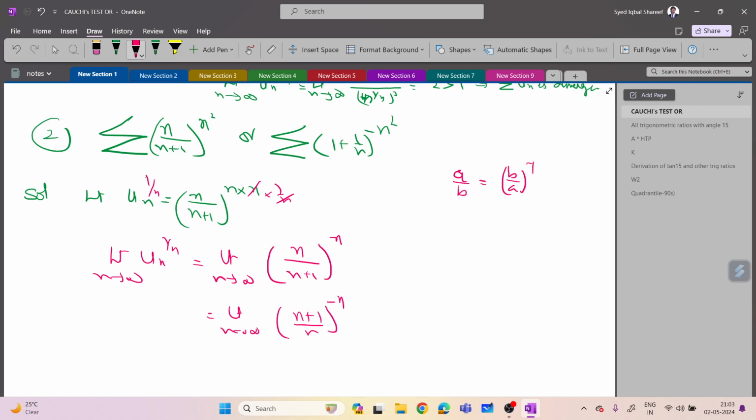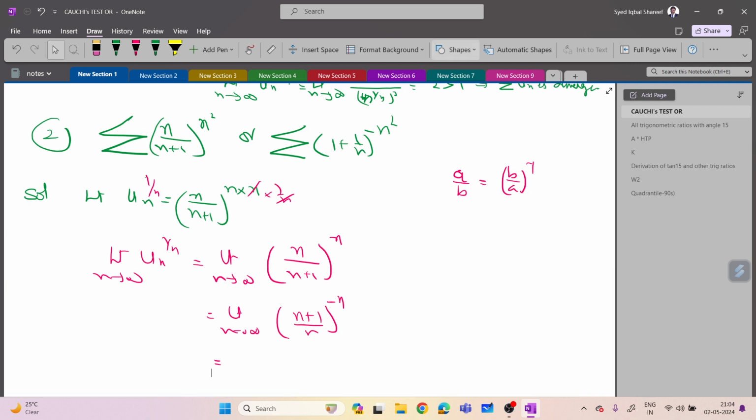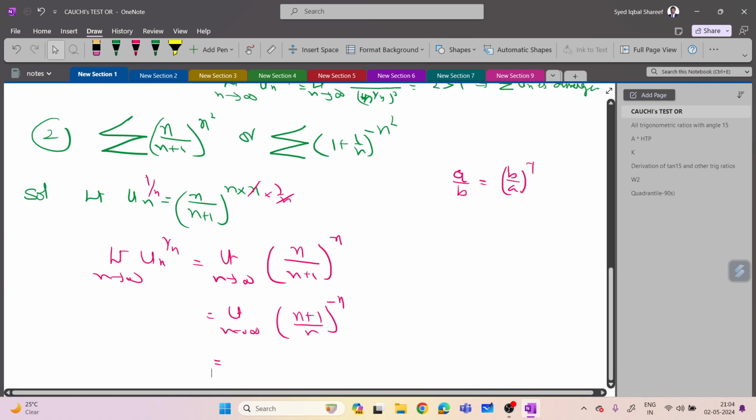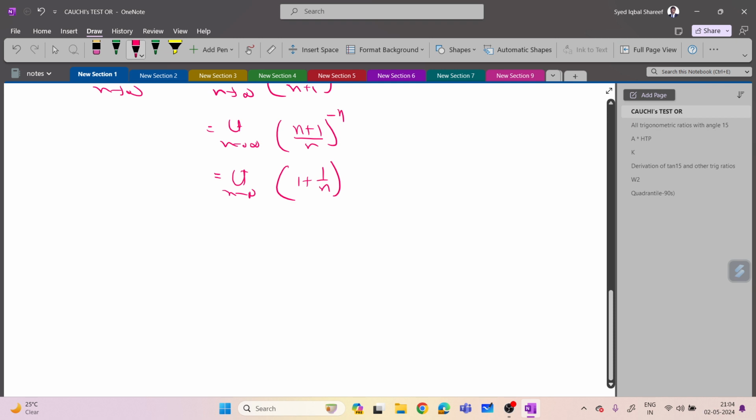So minus 1 into n is minus n. Now this will become the limit as n tends to infinity of 1 plus 1 by n whole to the power of n, to the power of minus 1 by n.